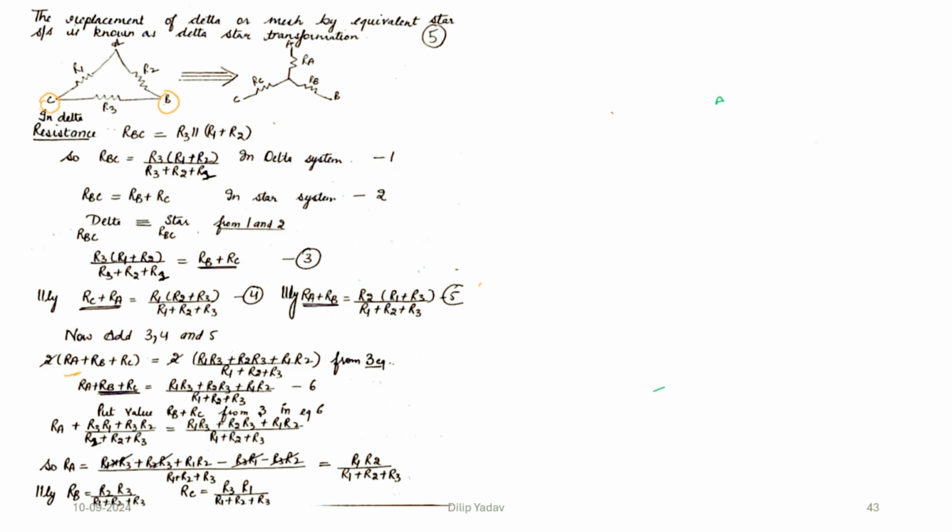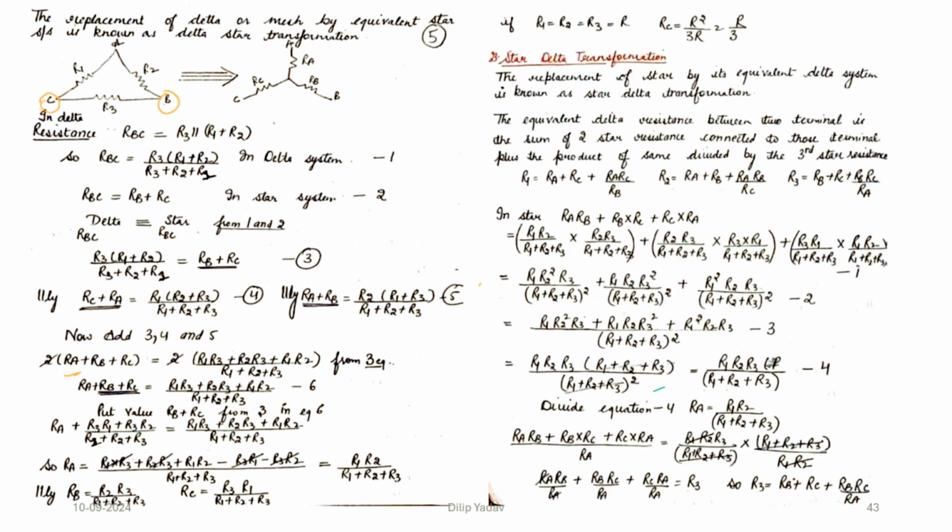Now we are going to see the second one, that is the star to delta transformation. If we see this one, we have calculated the value. Now we are going for the star to delta transformation, where this will become R1, this will become R2, and this will become R3.